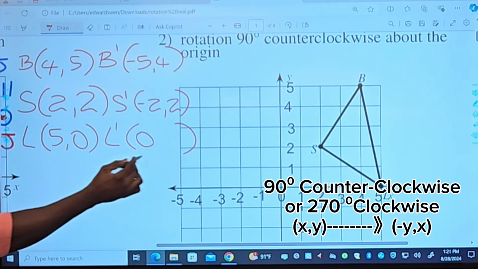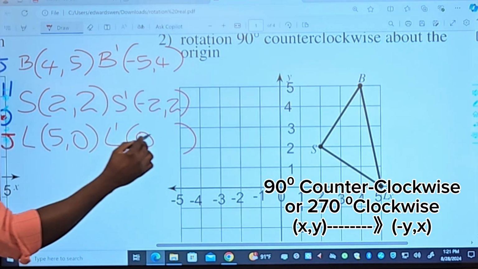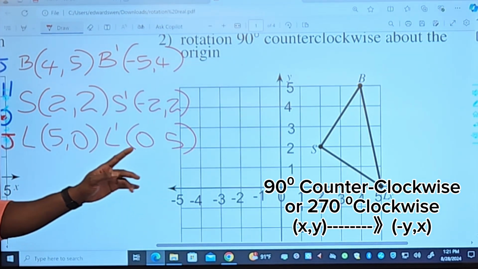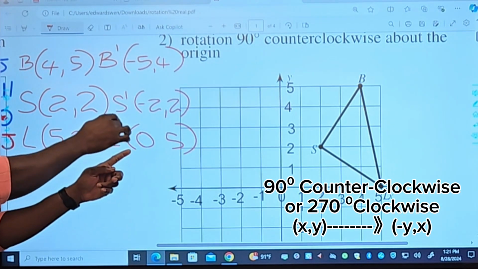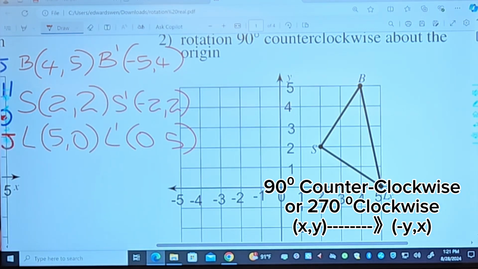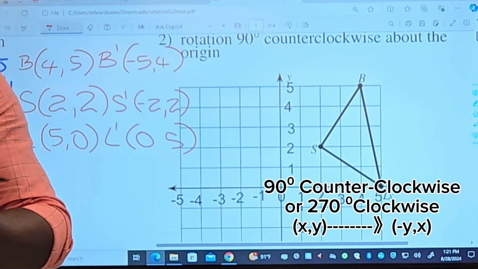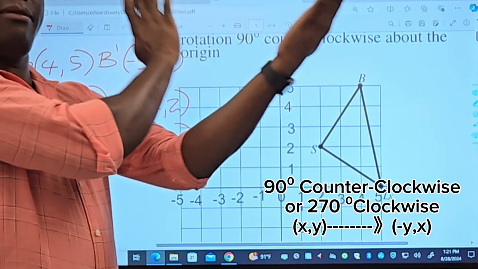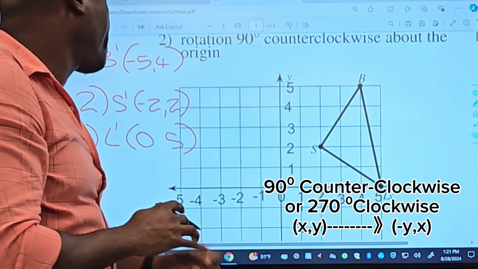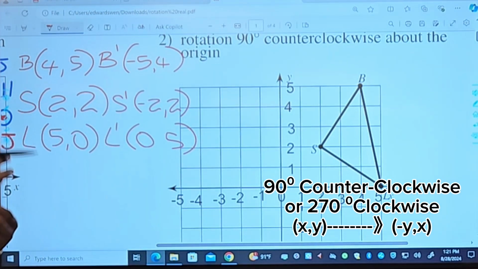This is (5, 0), and 0 can't change. So (5, 0) becomes (0, 5). Remember we're changing the one at the front, not the one at the back. 0 is neither positive nor negative, so it's fine. You flip the coordinates and change the one that lands at the front. Just the one that comes to the front.